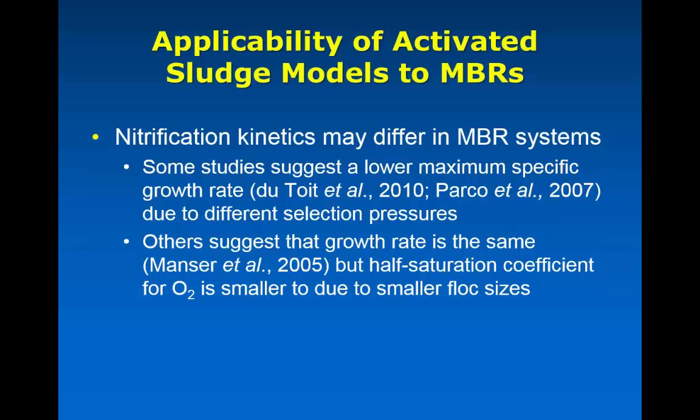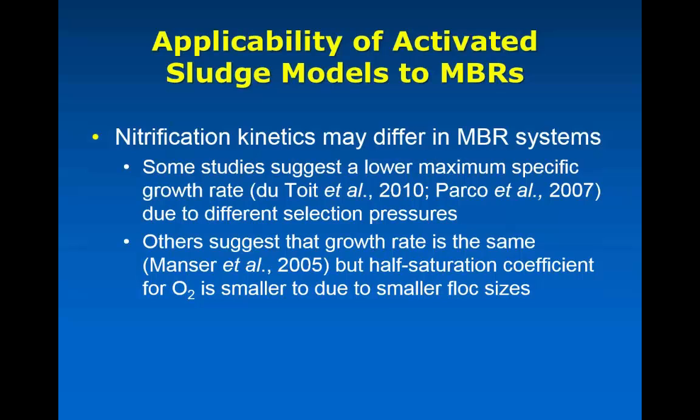Now, my personal experience with doing a number of MBR projects is it's very rare that I have to go in and make kinetic adjustments like this. I have sometimes, but certainly it's well within the variability that you would normally see in terms of different influent characterizations and the normal variability you get from plant to plant with different biomass populations that have grown up based on different waste streams.